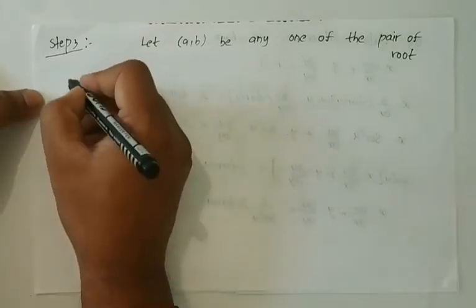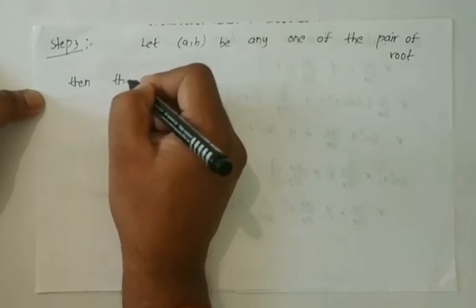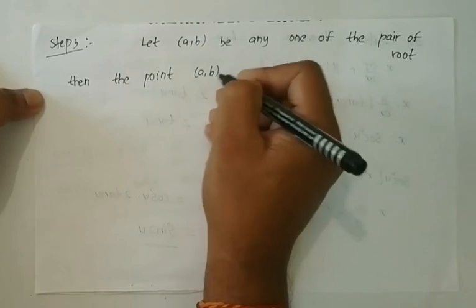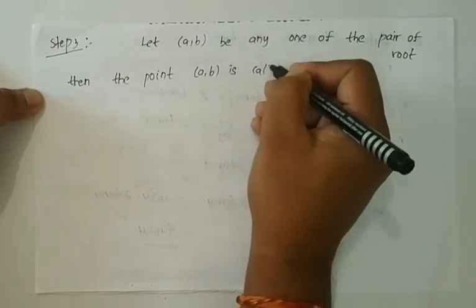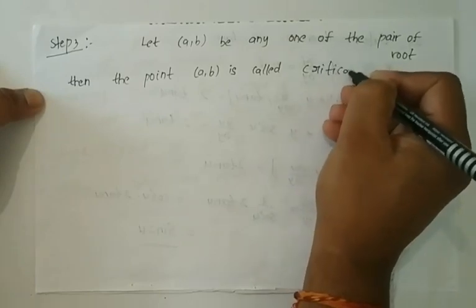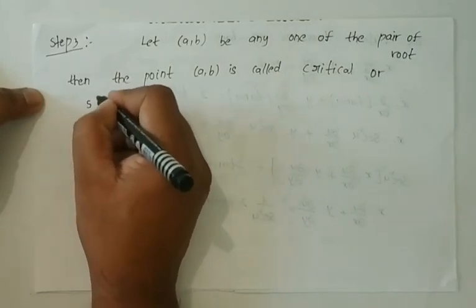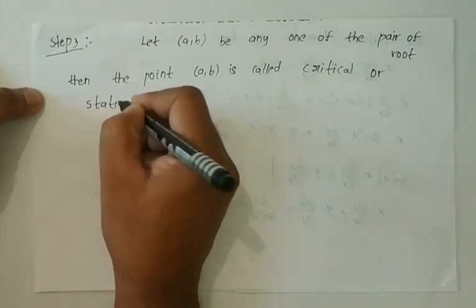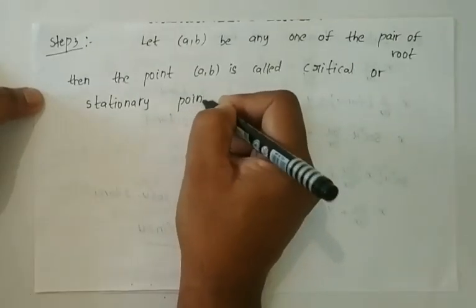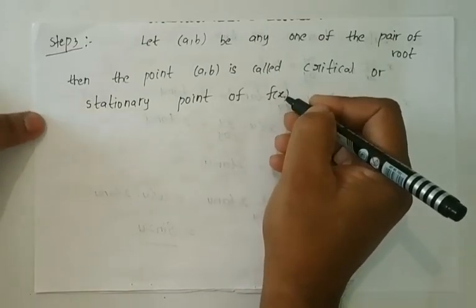Then the point a comma b is called a critical or stationary point of f of x comma y.